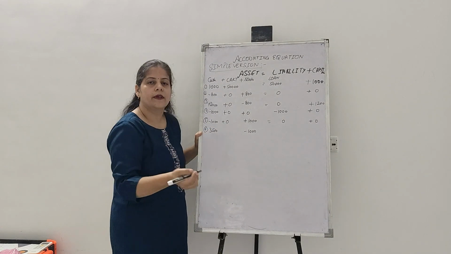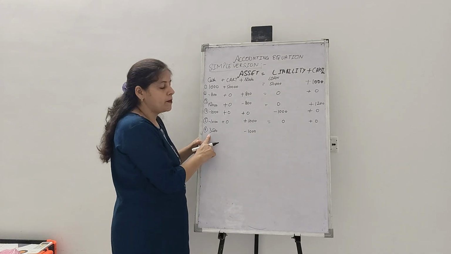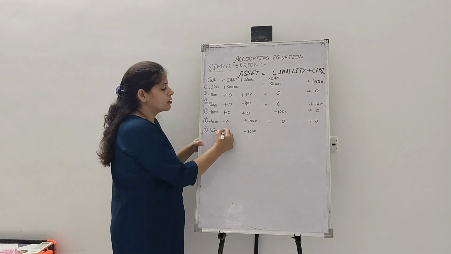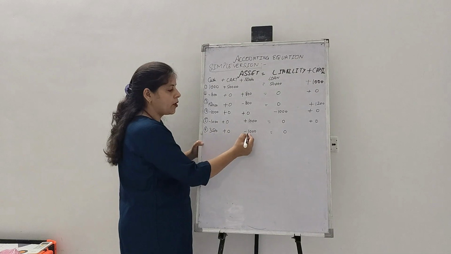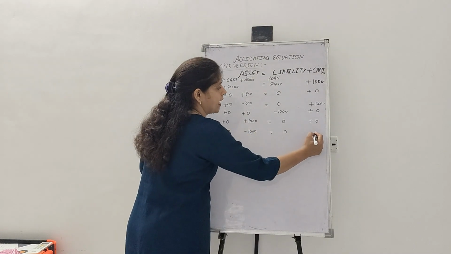Now he knows how to make business. Out of this 1000 stock, he made 3500 rupees in cash, with no change in the cart and no change in the loan. How much profit did he generate? Rupees 2500.